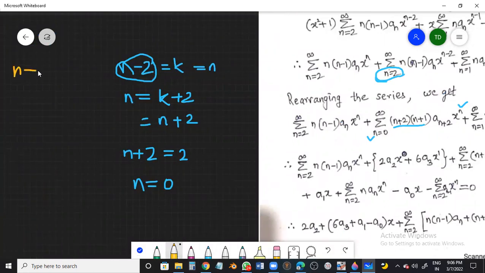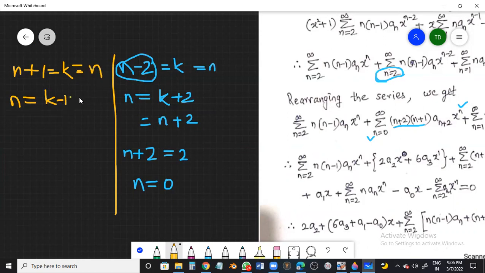So in place of n plus 1, I want n. For the time being, let me call it as k, as we have discussed in the morning. So n is going to be k minus 1. But this k is nothing but n as per our discussion. So this will be n minus 1.